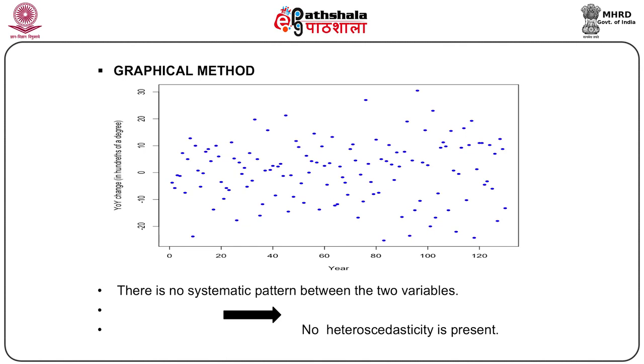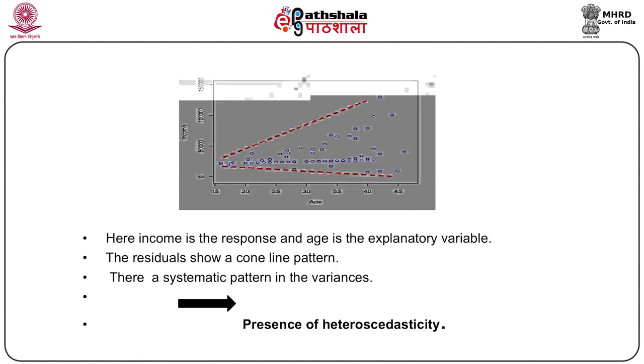We have plotted the square of the residuals against our covariates, and it reveals that there is no systematic pattern between the two variables, suggesting that no heteroscedasticity is present. However, let us consider the example of age and income, where income is the response and age is the explanatory variable.